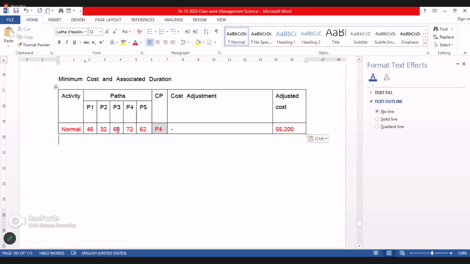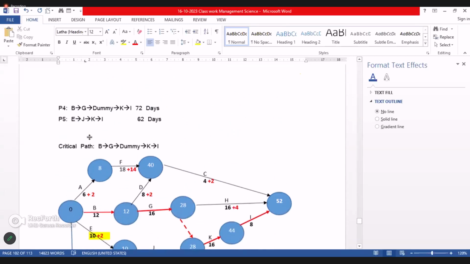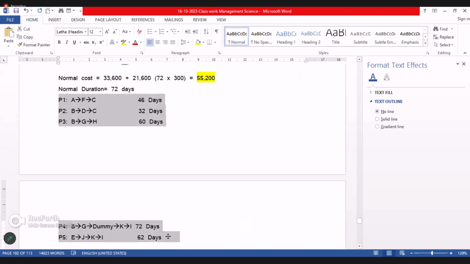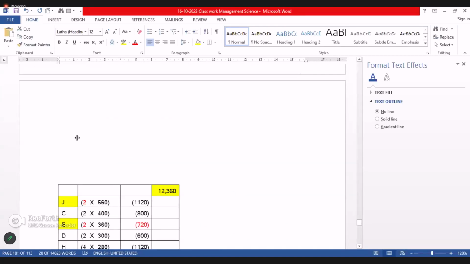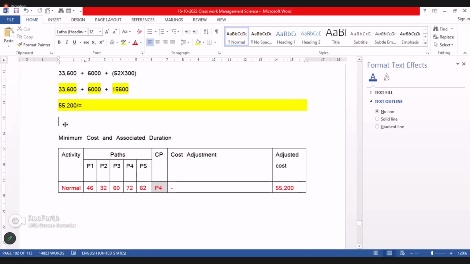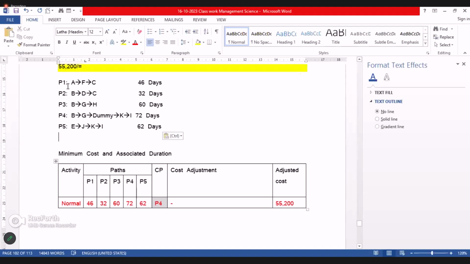We have identified 5 paths. Place it here. That 1, that 2, that 3, that 4, and 5. 46 days, 32 days, 60 days, 72 days, 62 days.